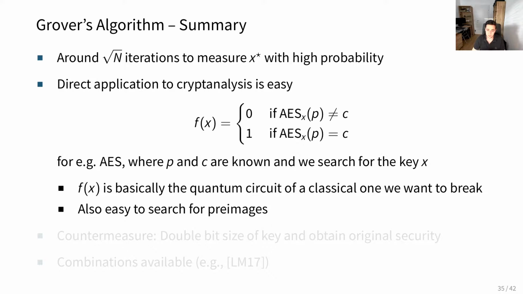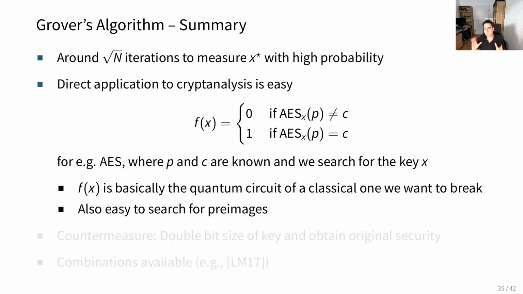Well, this function f of x, we can also say that it returns 0 if AES with the key x is not a known ciphertext for a known plaintext. But this function returns 1 if AES with some key x is indeed a known ciphertext C for a known plaintext P, so for a known pair, if this relation is actually true.